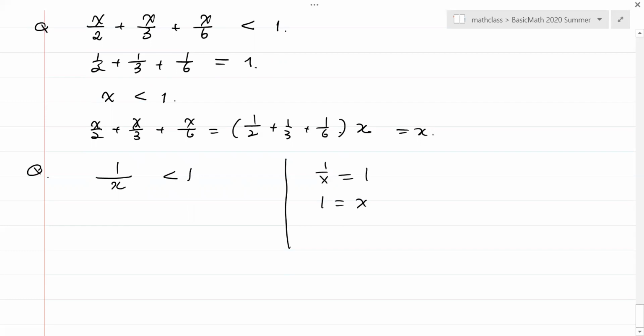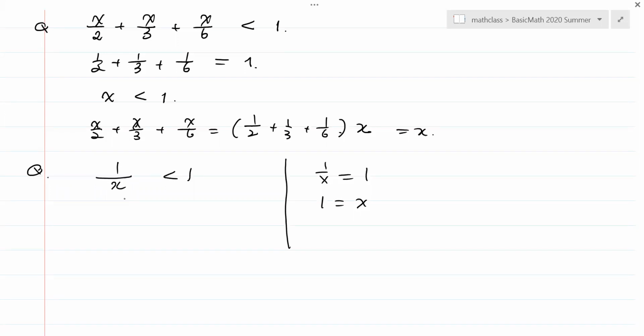Okay, so let's see how to do this. You cannot just multiply by x, because x could be negative or positive. It's a little bit complicated.